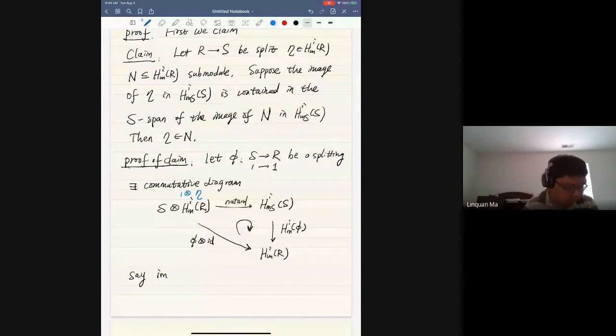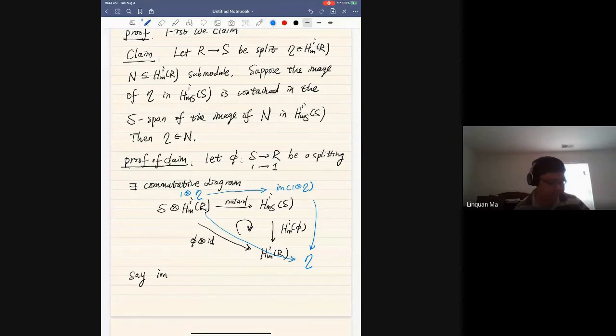That maps to, well, the image of eta under this natural map from H^d_m(R) to H^d_m(S). But if I apply this map downstairs, I get back to eta because phi sends 1 to 1. So I get back to eta.